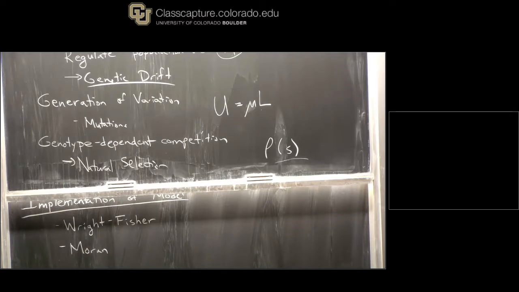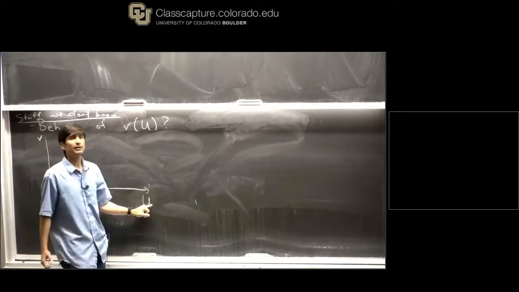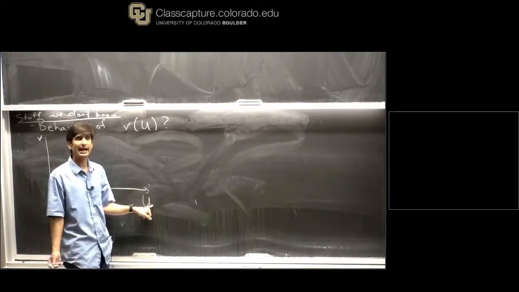So what I want to know is, if most mutations are deleterious and some are beneficial, how does this v, as I've defined it, depend on the mutation rate? For very large U, what's going to happen?